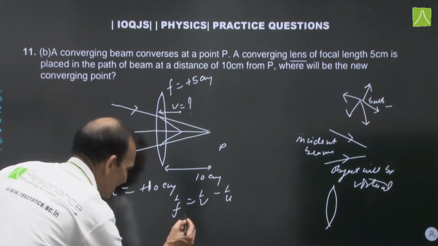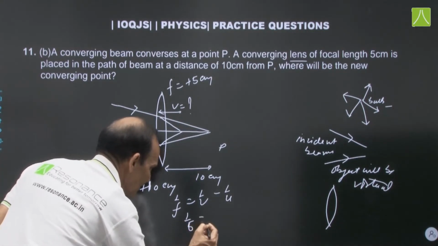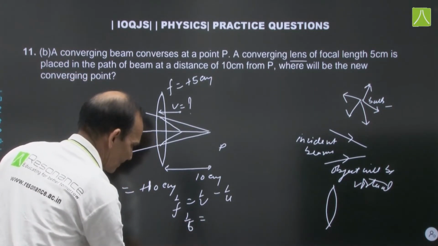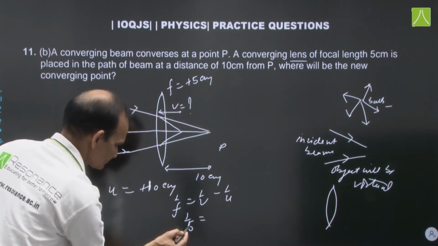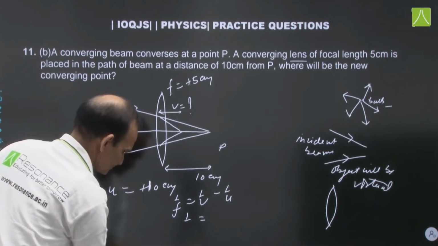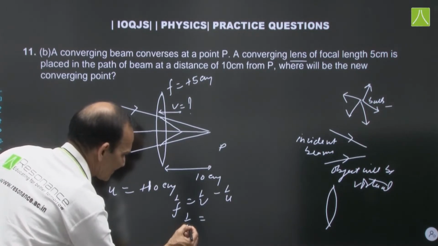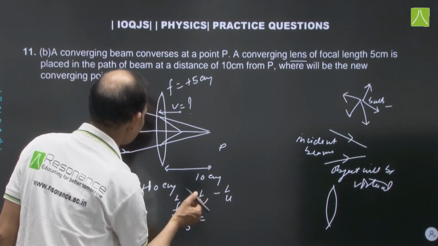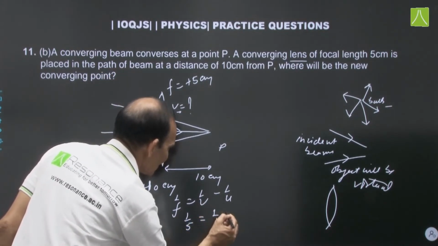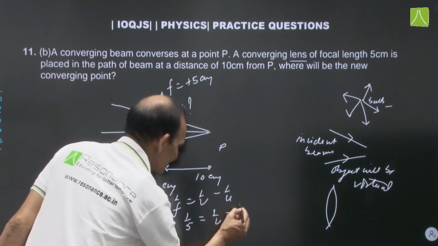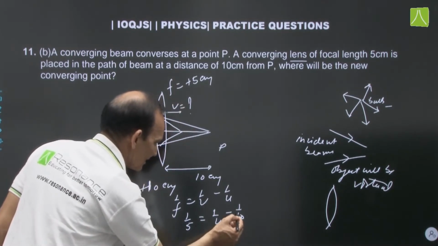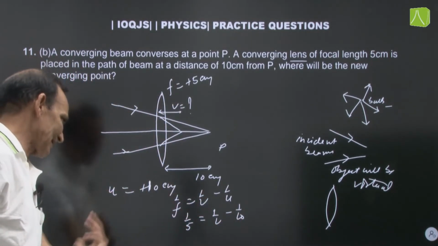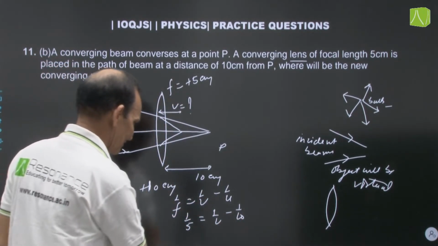It is 1 upon 5 equals 1 upon v minus 1 upon 10. Transfer 10 to this side, or you can find it easily.